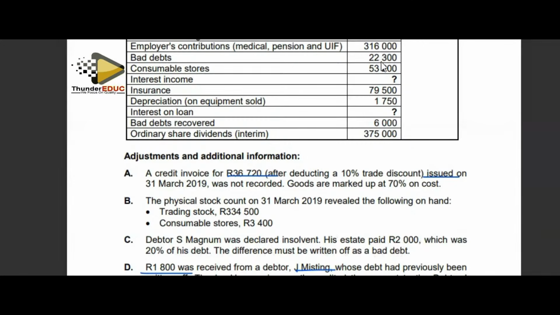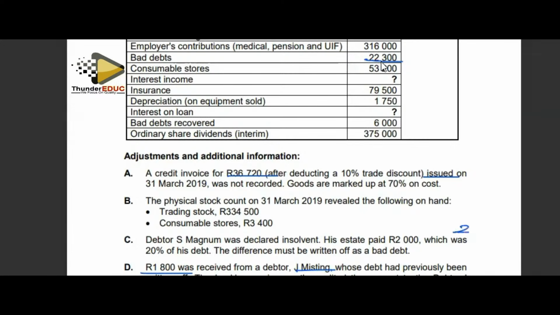Remember this one is already recorded, but additional information is trying to tell us that there is another debtor whom we never recorded, okay? So this debtor was owing 2,000, okay? But the estate only paid 20% of the debt.